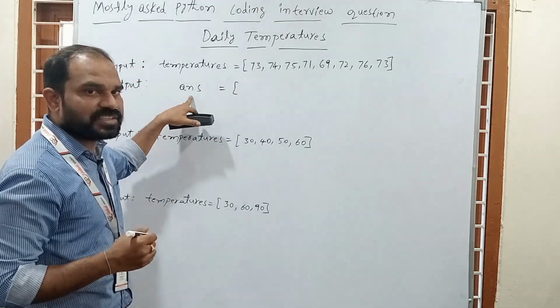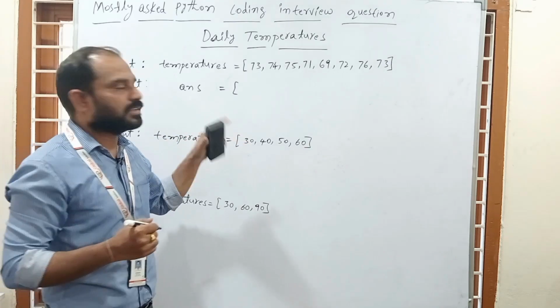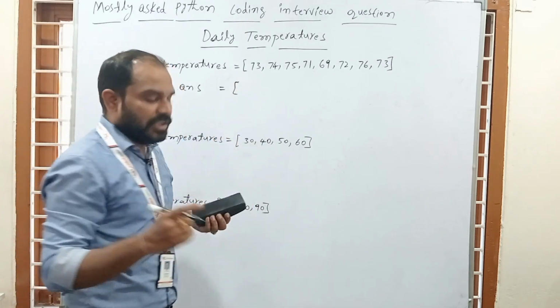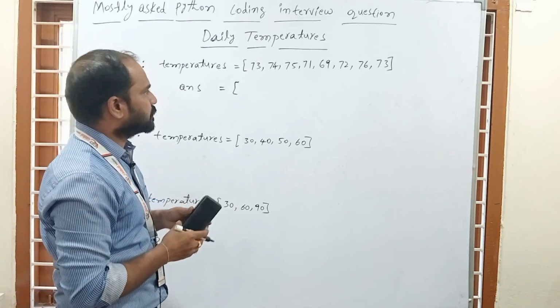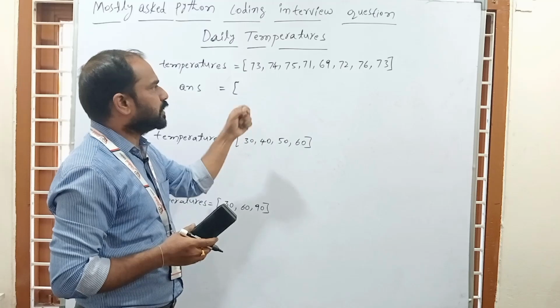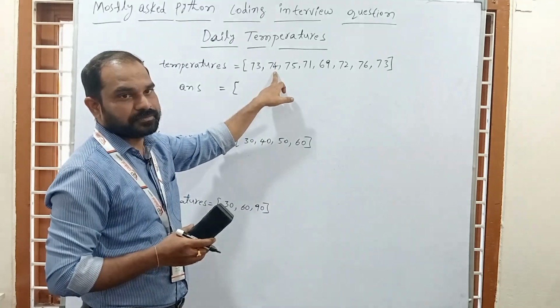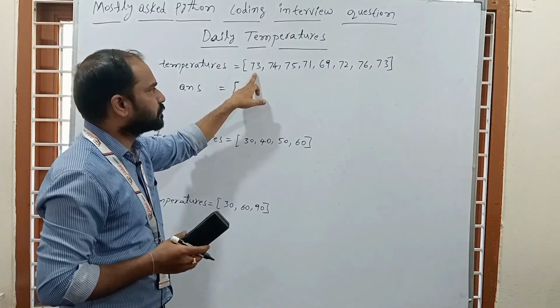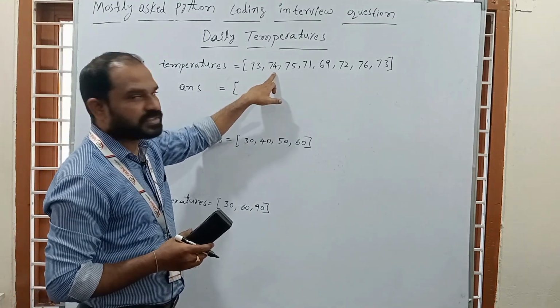With this particular name I am creating one array, ANS, and in this array you need to store the answer: how many days it takes to get a higher temperature. On this day the temperature is 73, the next day the temperature is 74.